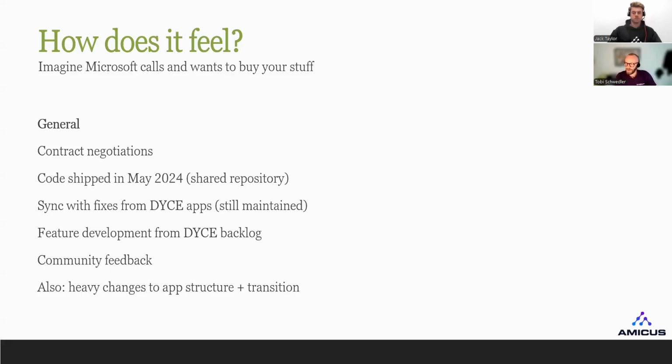And we were talking to Microsoft that we see some features need to go into the standard. And we agreed that we will be developing these features and handing them over to Microsoft. So as of now, the subscription billing module in Business Central Standard is even ahead of what we had in our DYCE portfolio back in the day.